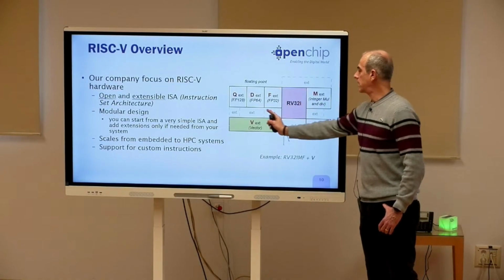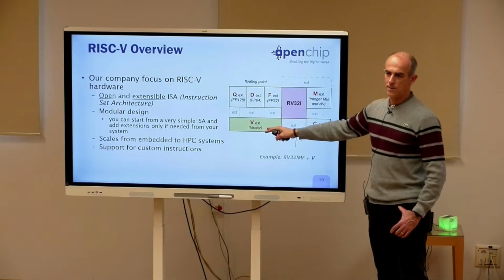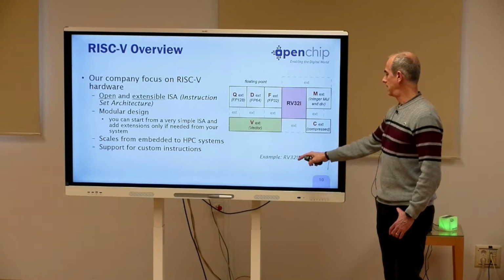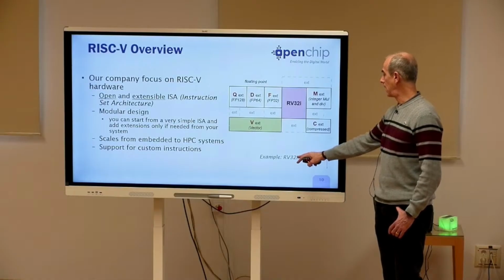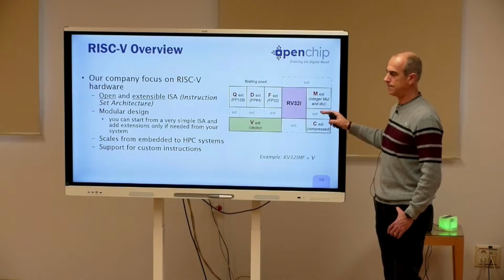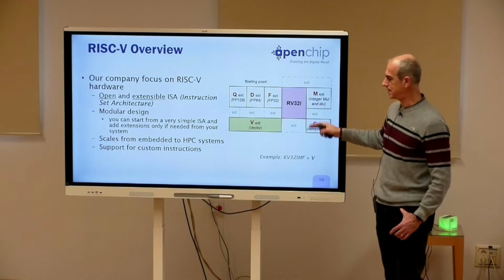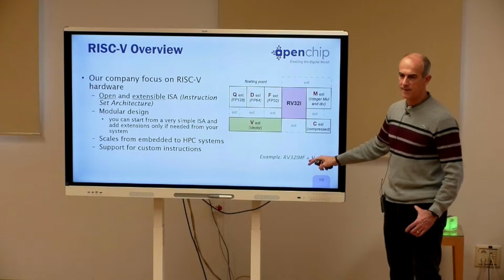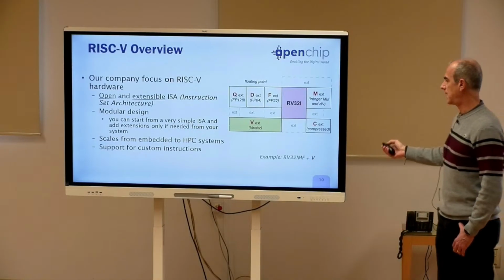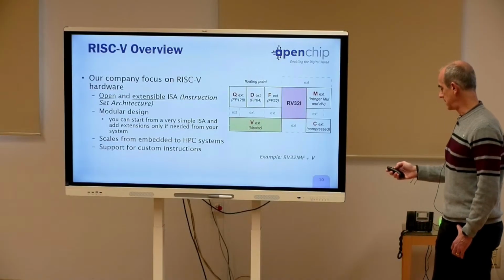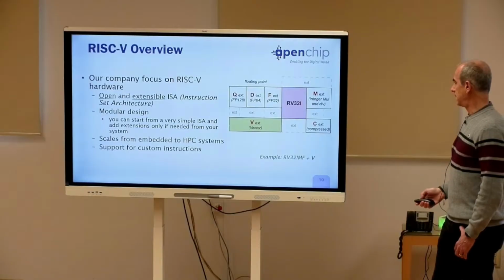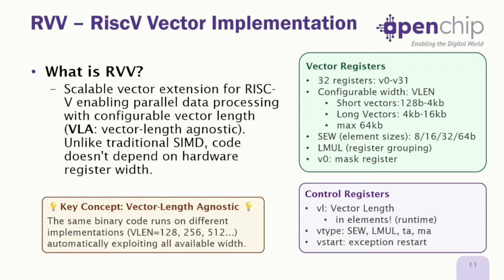At a certain point, you can add also this extension, which is the vector extension. And you have this kind of nomenclature here. RISC-V 32, for example, I stands for integer, M it's when you add the multiply extension. And if you want to add the vector extension, the things we are talking today, you just add the V to the description of the hardware. So this is a very modular design.